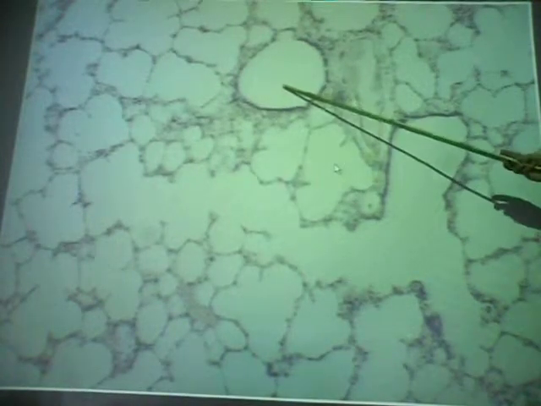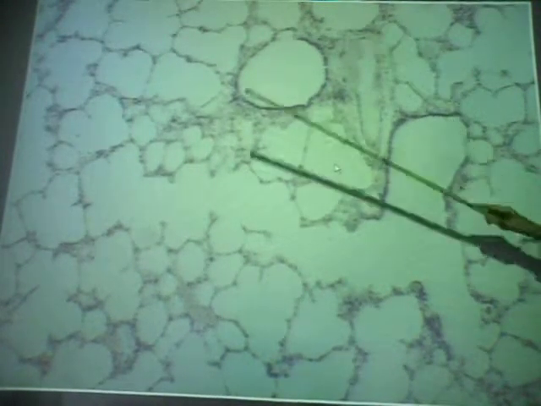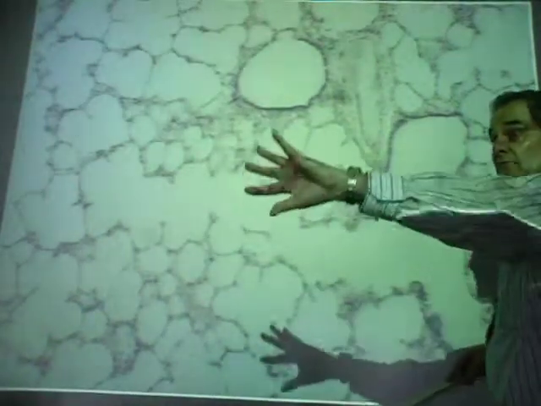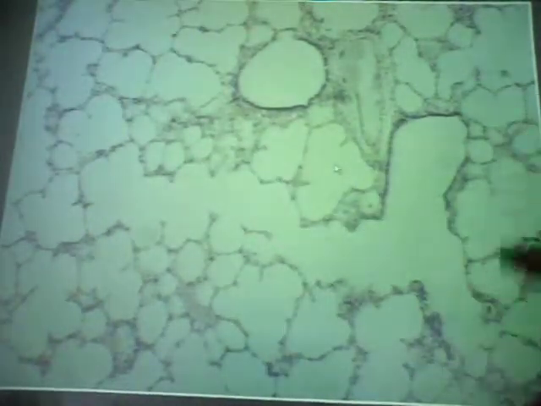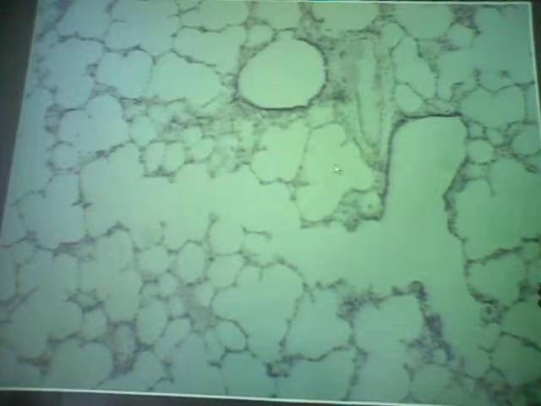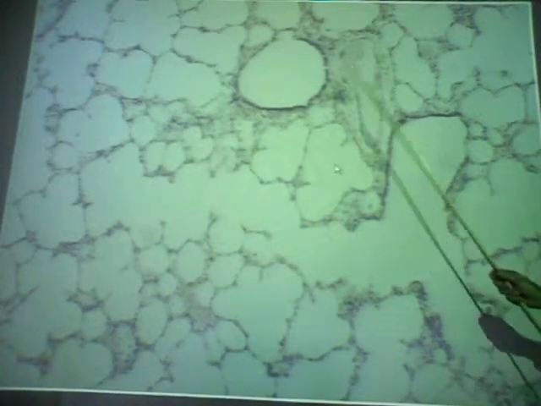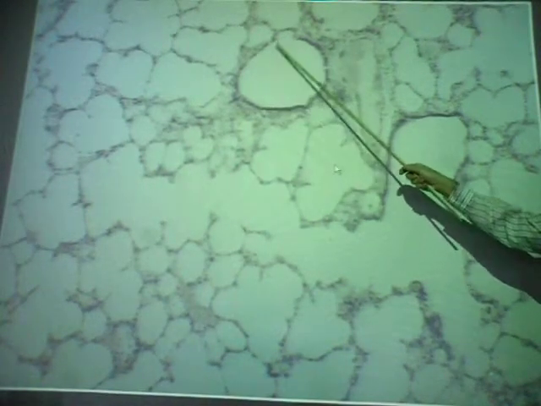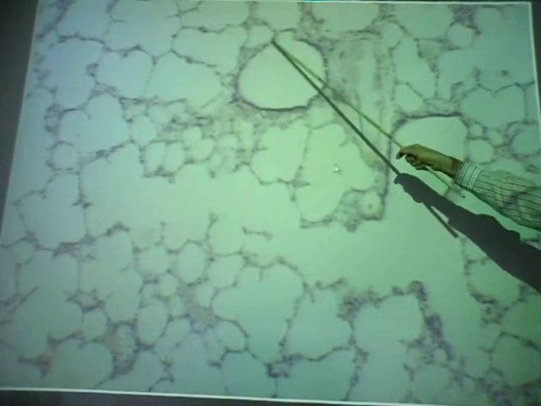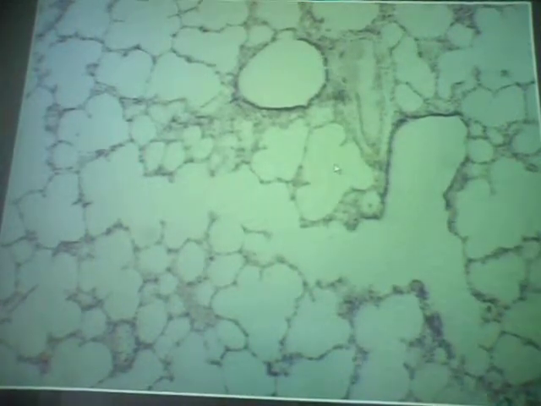What's this? Again, very obvious. This one's cut in cross section. Those usually tend to be round. If they're cut diagonally or oblique, it's going to be more oval. And if they're cut longitudinal, even longer. But again, it looks like the wall is partially disrupted here. These bubbles coming off, simple squamous, respiratory bronchiole.